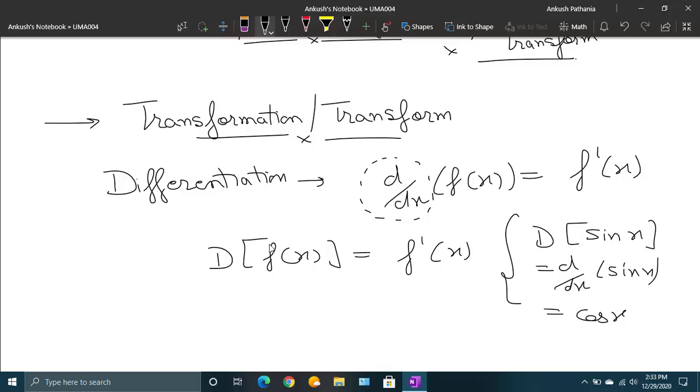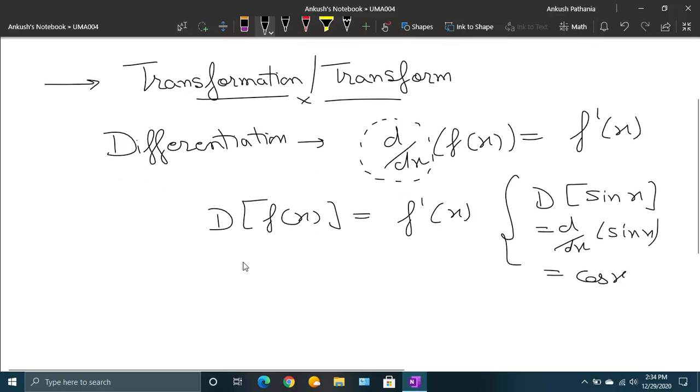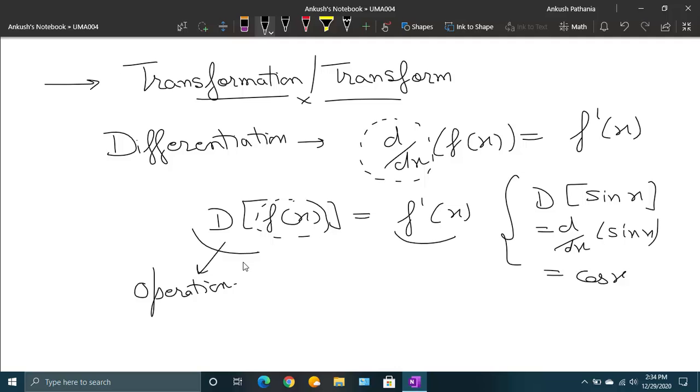So what is happening in differentiation is that you are applying some operation on the function f(x), and that operation you call differentiation. When it is applied on f(x), you get its derivative. You applied it on sin x and got its derivative cos x.